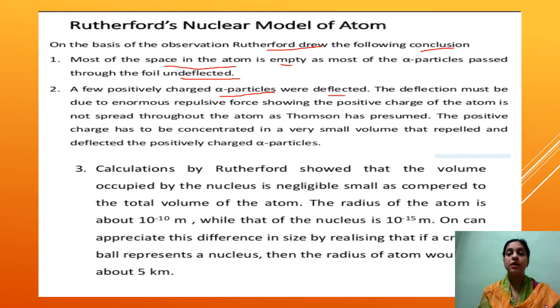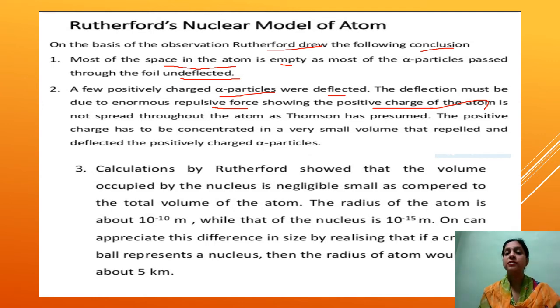Deflection must be due to enormous repulsive force, which is shown by the positive charge of the atom, or we can say the nucleus, which is not spread throughout the atom but is concentrated at a particular region of the atom, and that is later known as the nucleus.